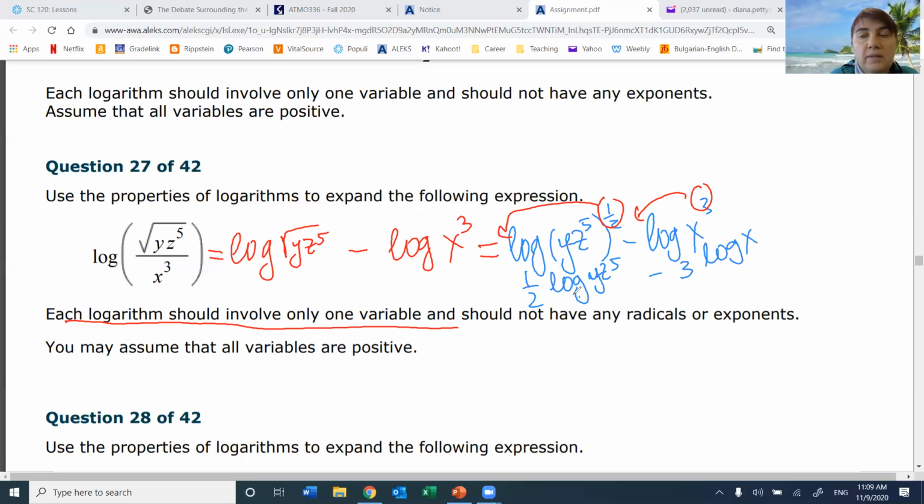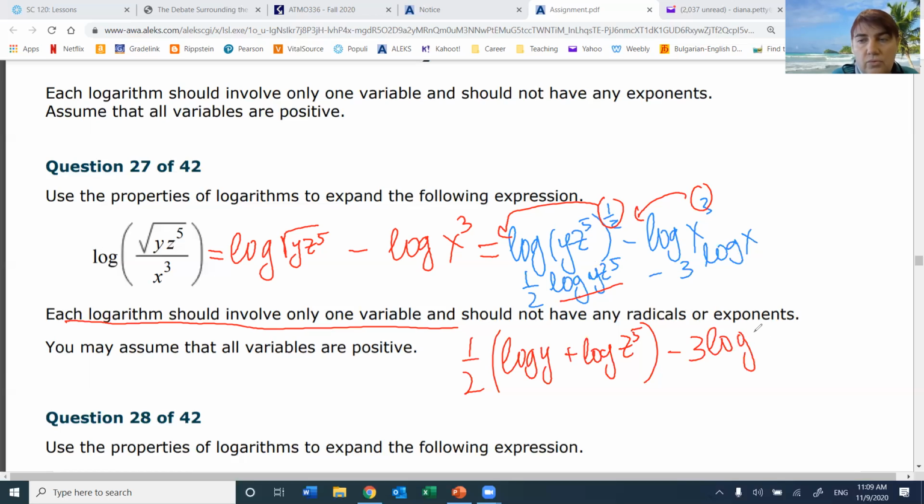Yeah. So now we need to split this one right there. The first one needs to be split. So 1/2 stays, but then you're going to have logarithm y plus logarithm z to the 5th minus 3 logarithm of x. All right.